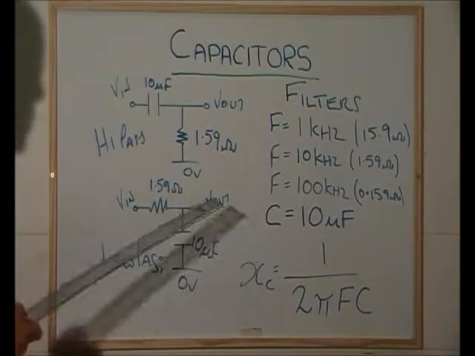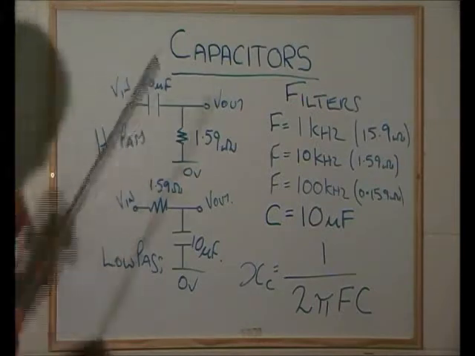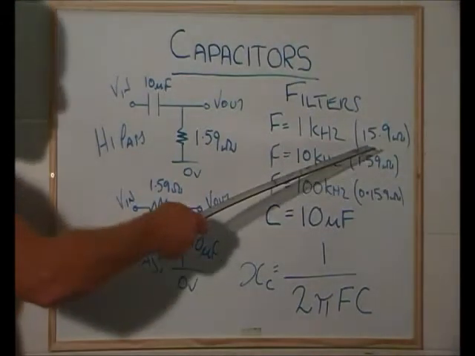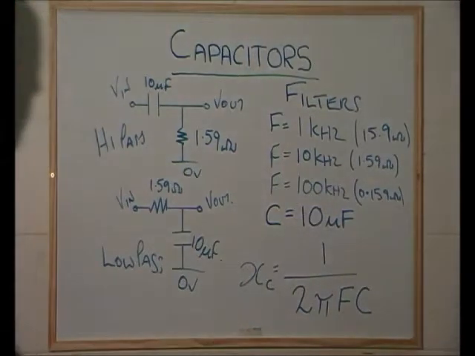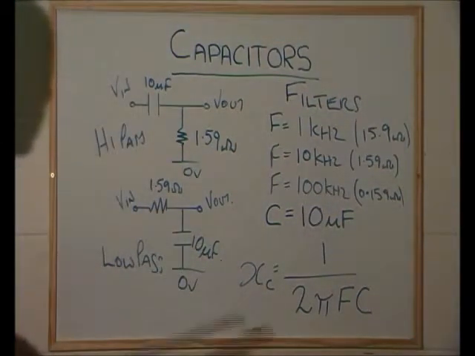Now at 1 kilohertz, this capacitor has a total resistance, or capacitive reactance, of 15.9 ohms. So we have a 15.9 ohm resistor here, and a 1.59 ohm resistor here.